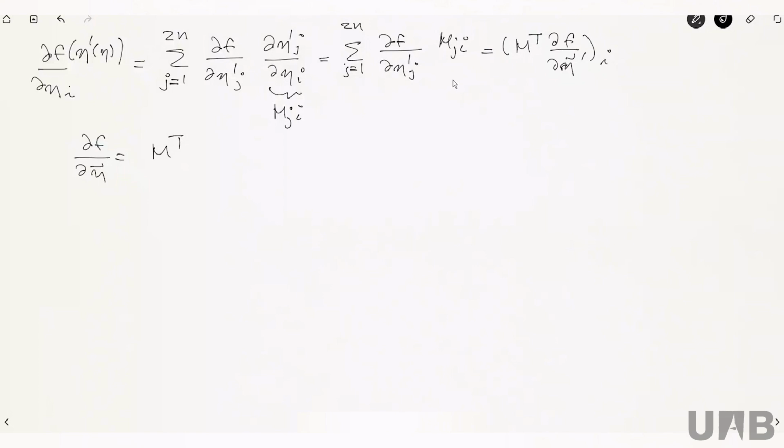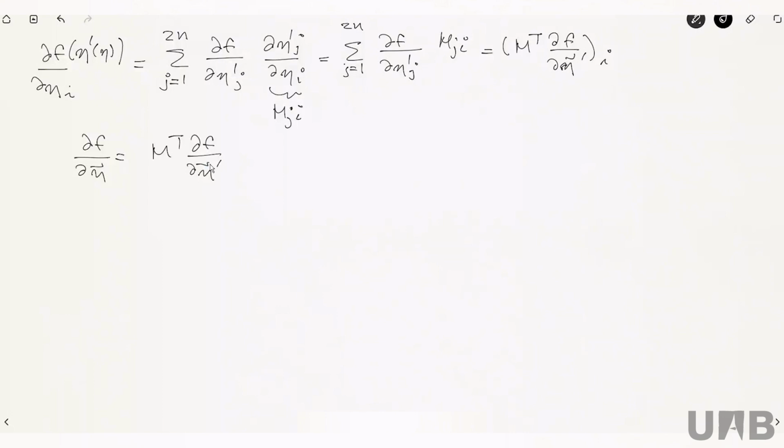Because you see, if I want to put this M before the derivative, I have to interchange j and i, because otherwise I'm not multiplying row times column as I'm supposed to in a multiplication of a matrix times a vector, right? So if I put this M before, and I want to write this as a multiplication of a matrix times a vector, I have to interchange the indices. That means that I have to transpose it. Okay, so this is the partial of f with respect to eta prime.